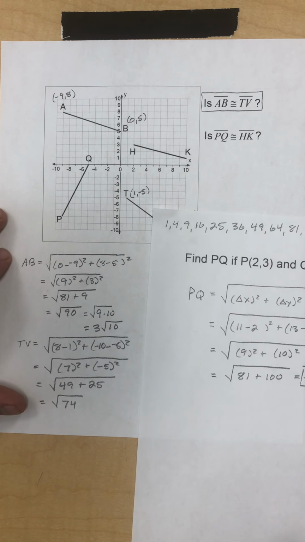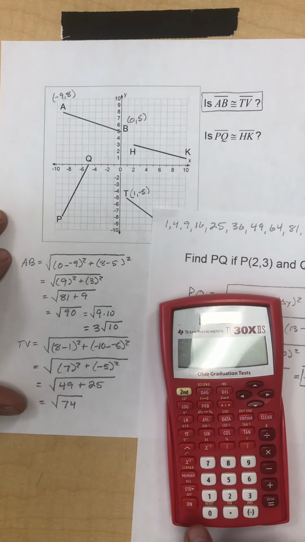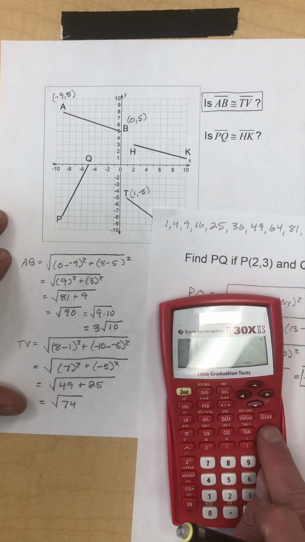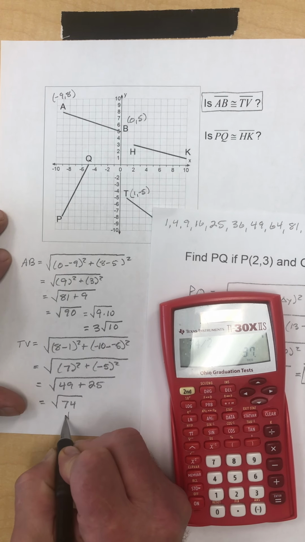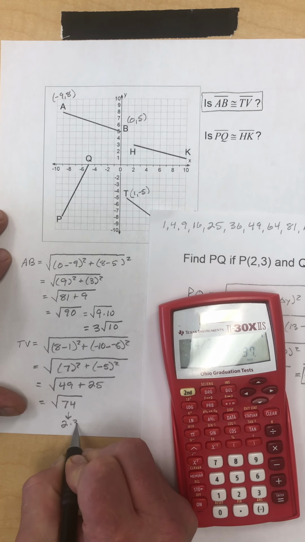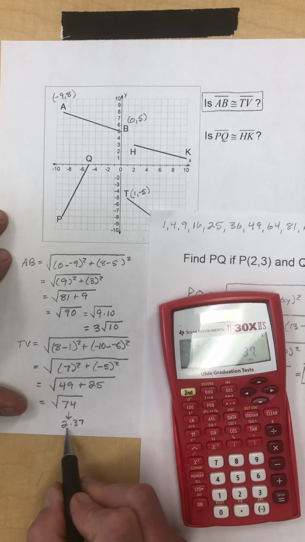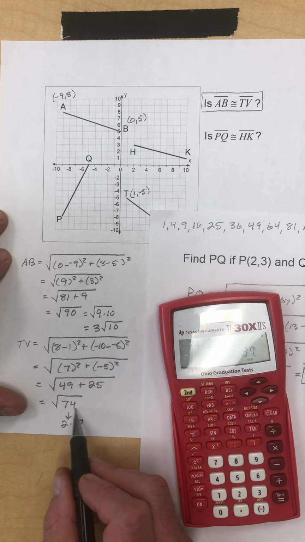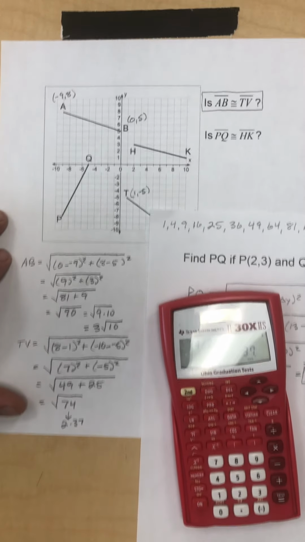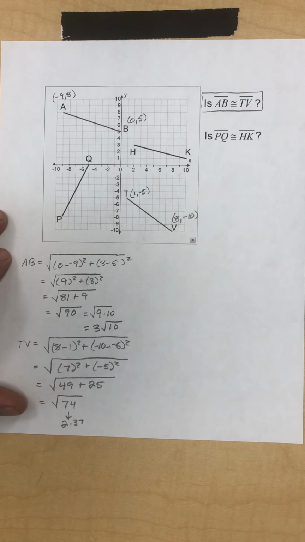Well, let's see. I know 74 is an even number. So if we go 74 divided by 2, we get 37. So this is 2 times 37, and both of them are prime numbers, so there's no way to split them up anymore. So although 74 isn't prime, its only factors are prime, so it's in simplest radical form.